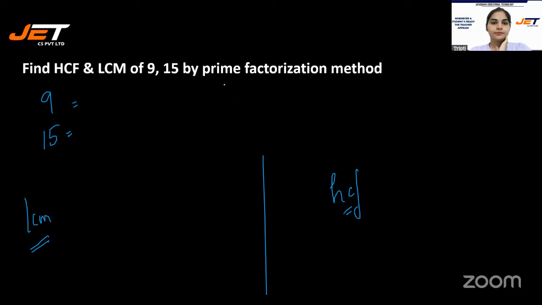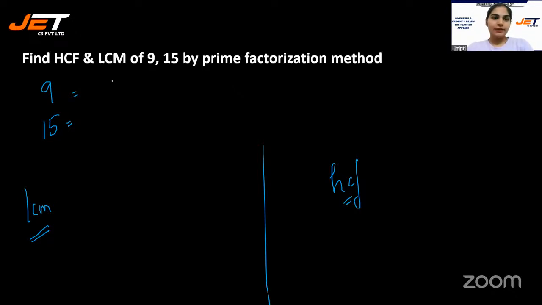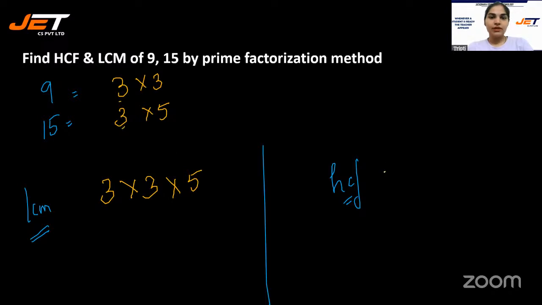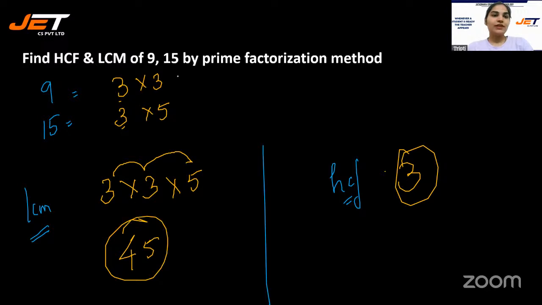All right, so I hope it's done. If I talk about 9, it's 3 times 3, and 15 is 3 times 5. Okay, so LCM, I can say 3 is occurring maximum twice, and there is one 5. And HCF is just the common thing, which is 3. 3 times 3 is 9, 9 times 5 is 45. 45 is the LCM of 9 and 15.